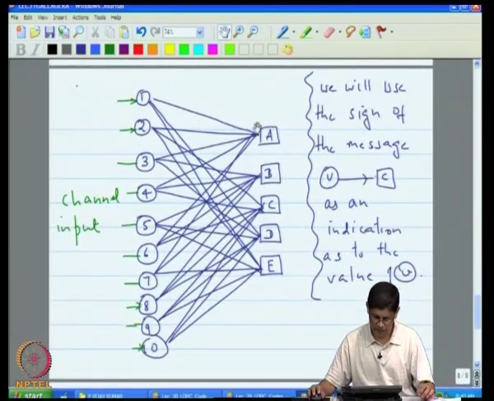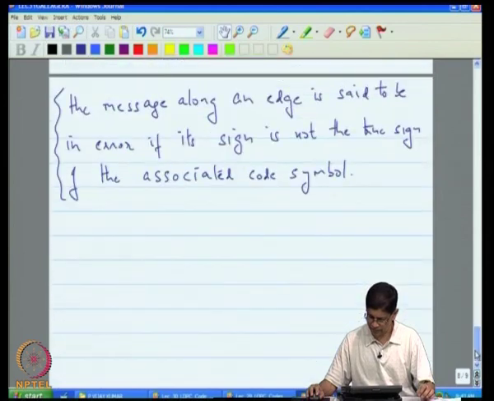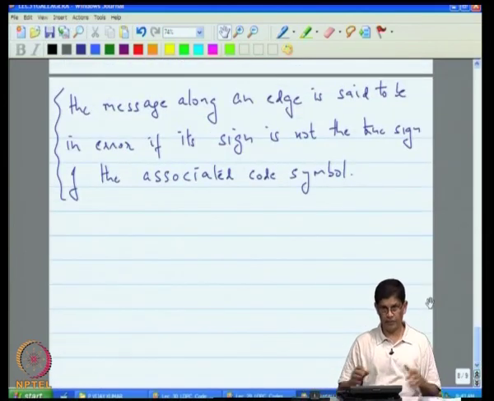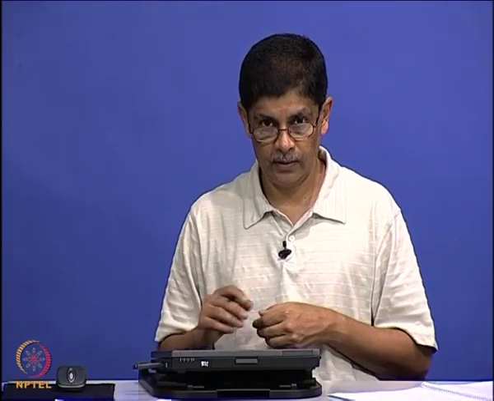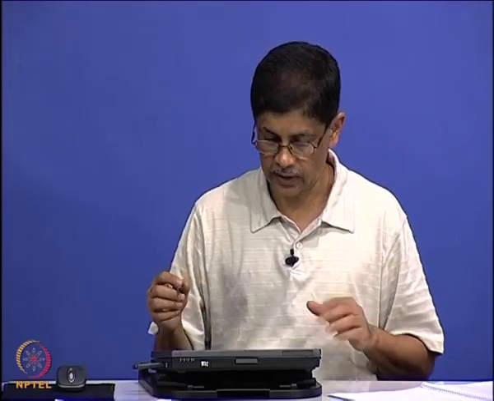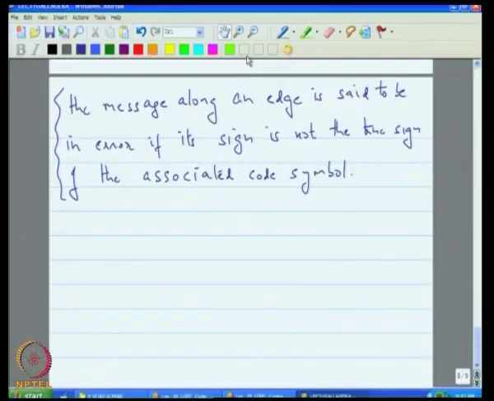Now, what we want to actually show is that the number of incorrect messages passed is independent of the actual code word transmitted.